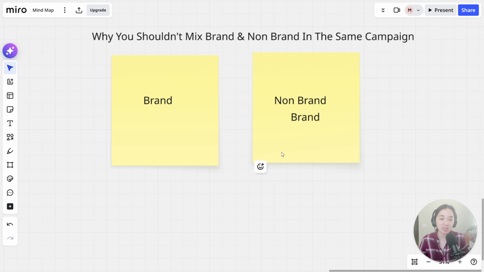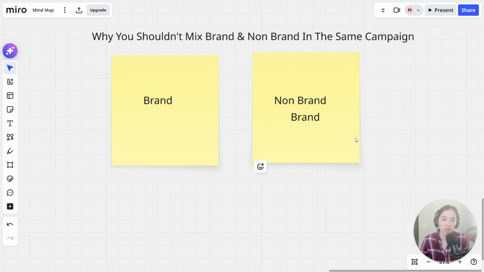And what happens here is that over time, you may see your cost per lead maybe around $30 on this specific campaign, and then you're like, wow, that's actually doing really well because this campaign over here that's brand is getting leads at $50 and this one's getting leads for $30.